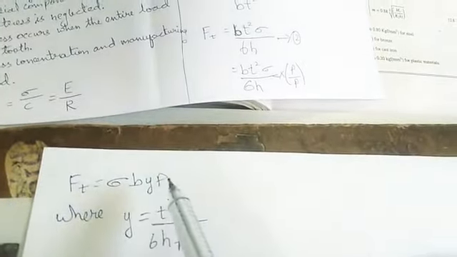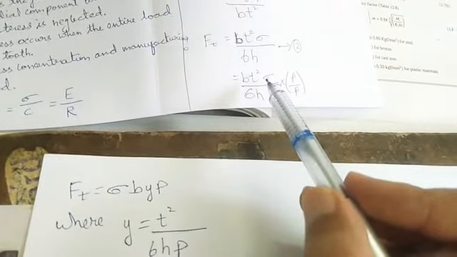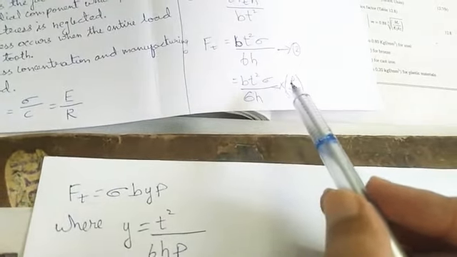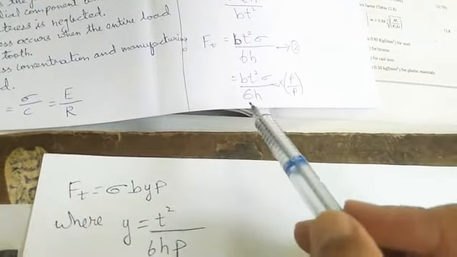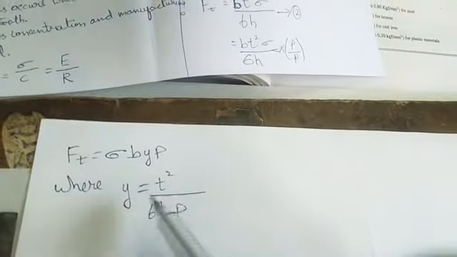So here I have replaced this by sigma b y p. Here there is already b, sigma and p. I have taken this outside and replaced t square by 6hp as y.